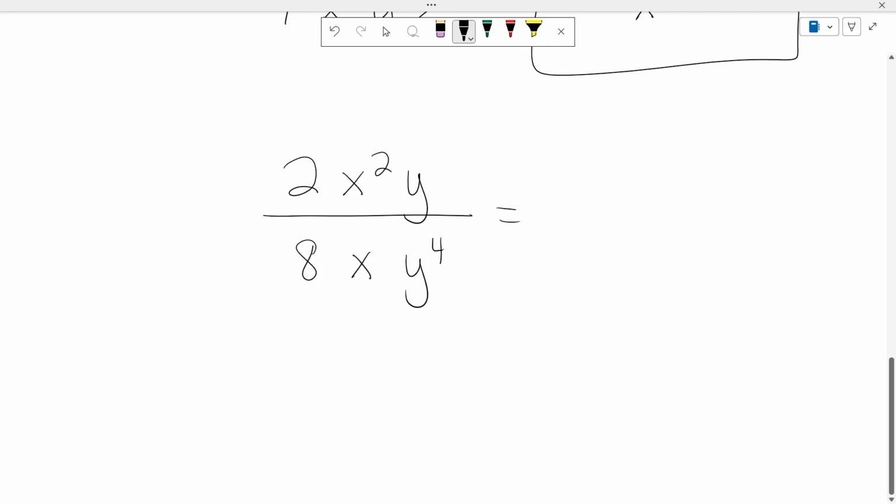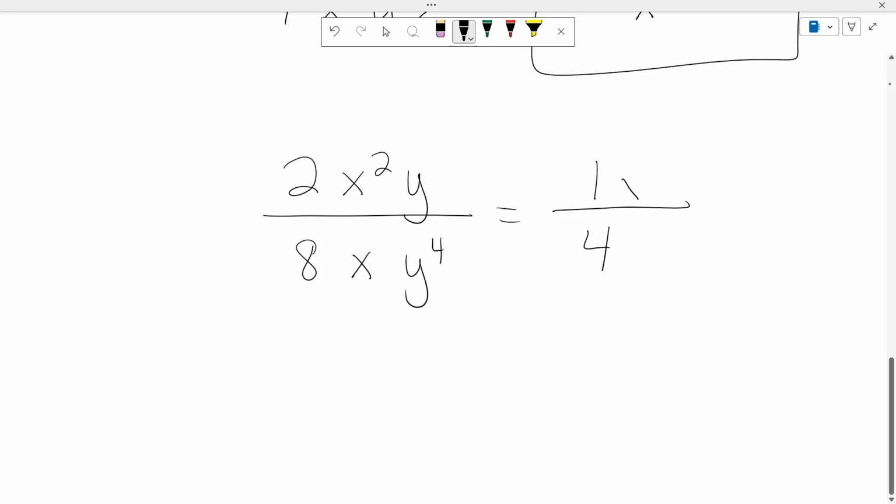If I cover this up, what is 2 over 8 the same as? 1/4. Where's the higher power of x? On the top. So we only write one x down, even though there's an x on the top and bottom.